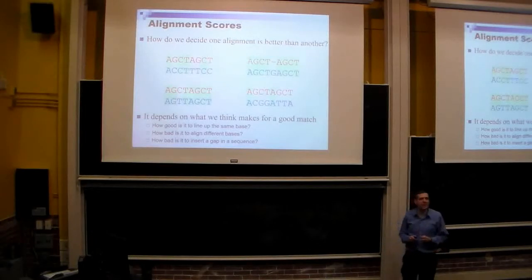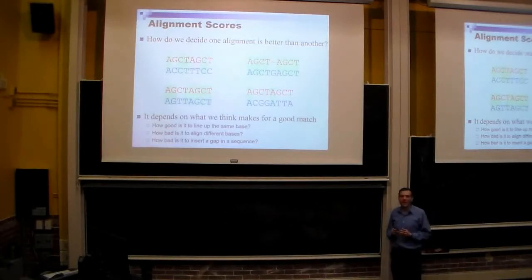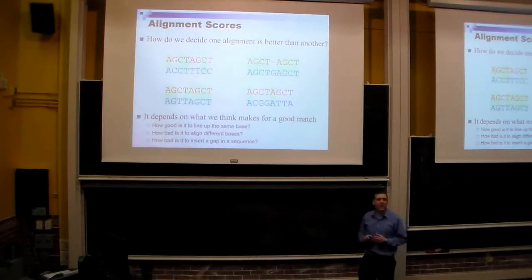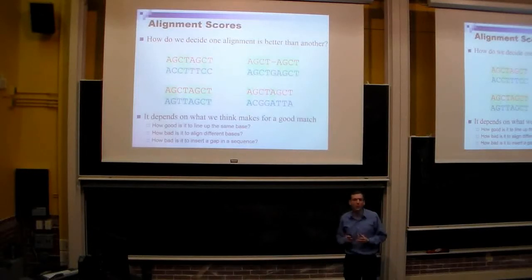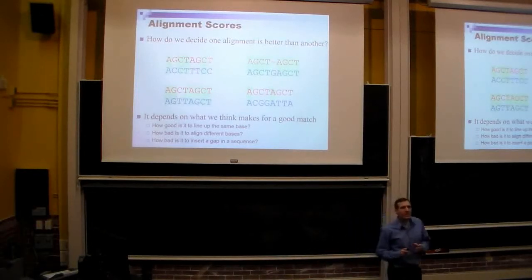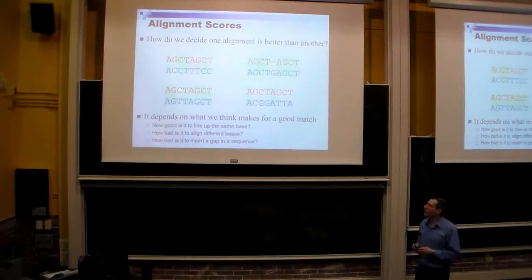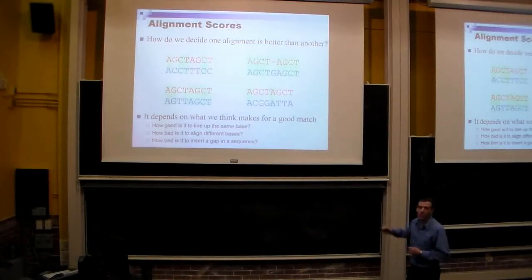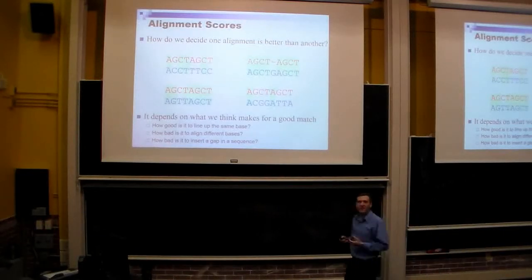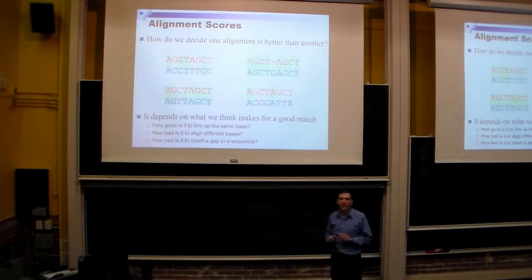And to do that, we need to think about an issue that comes up quite a lot in computational biology, and that is having a mathematical model of what we're trying to do. So we need to have some quantitative model that tells us what it means to have an alignment of this type, or this type, or this type. A way of effectively assigning a score to an alignment.